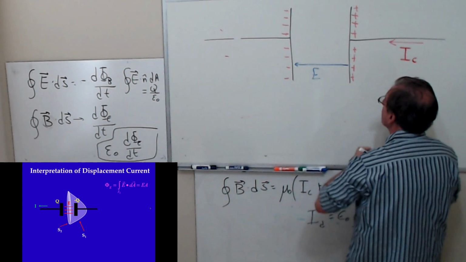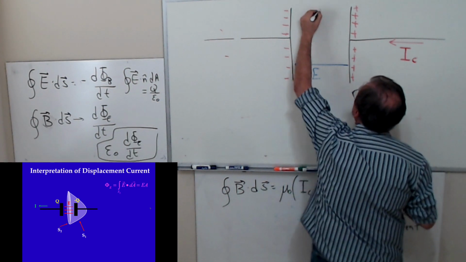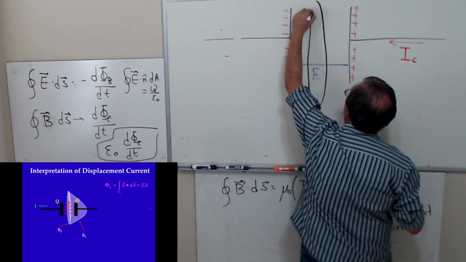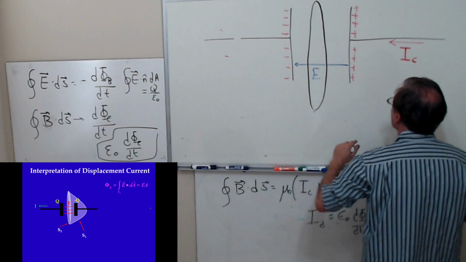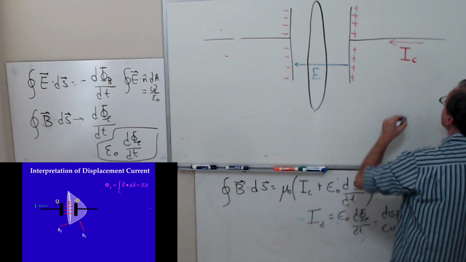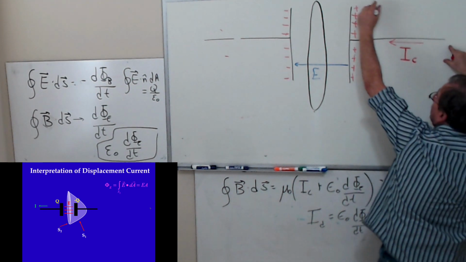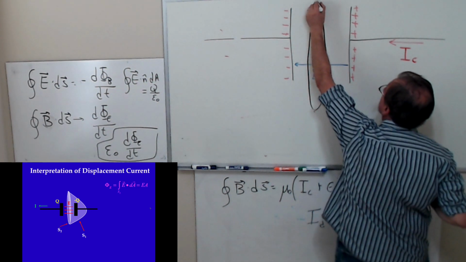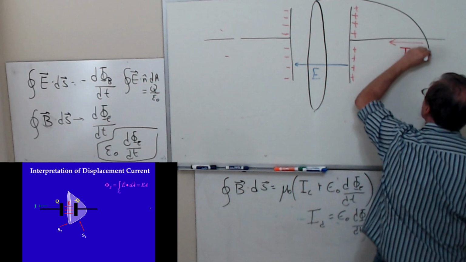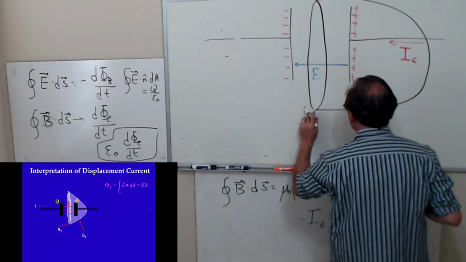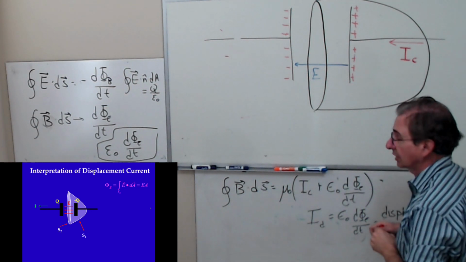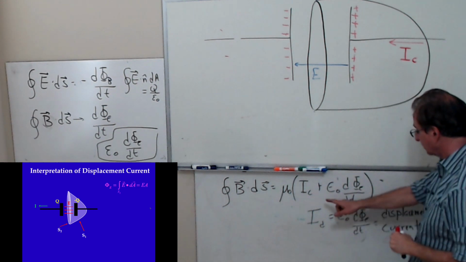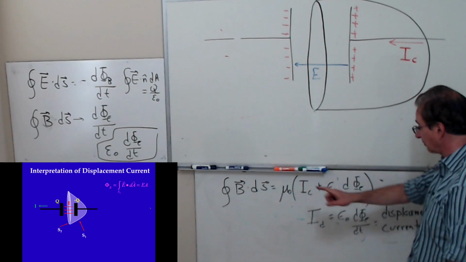It doesn't matter whether I choose something like this, or I can start out here, choose a loop, and then draw that weird shape over here. It doesn't matter. Or I can do this too. That would be interesting too, right? So Ampere's law says that the magnetic field is related by this equation.